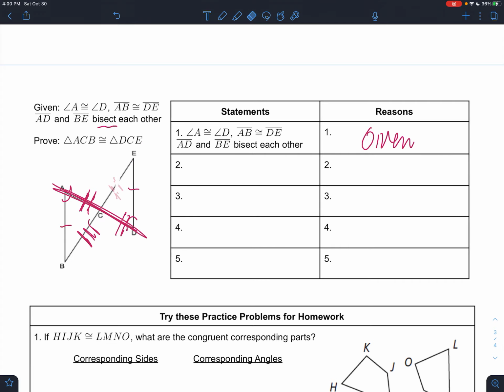So I'm going to go ahead and write that BC is congruent to CE and AC is congruent to CD. But what I want you to see is that these two match and these two match.